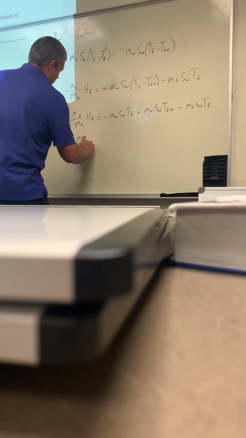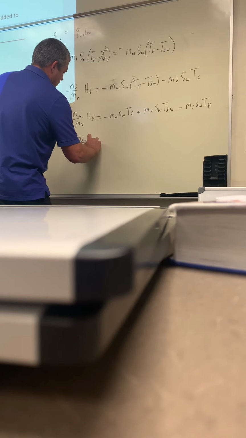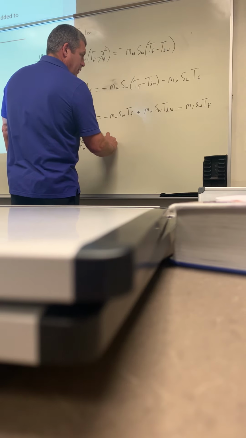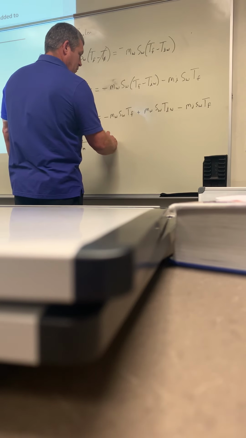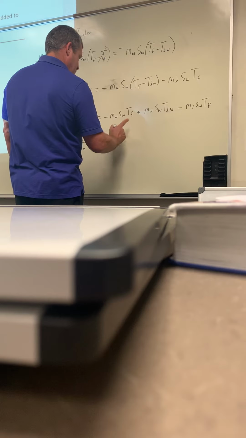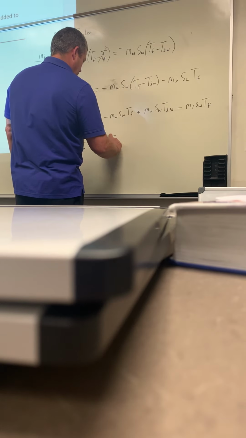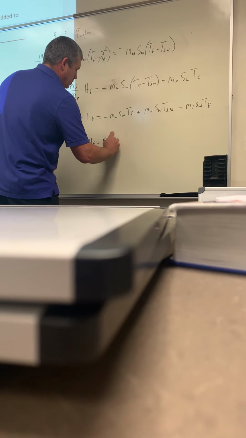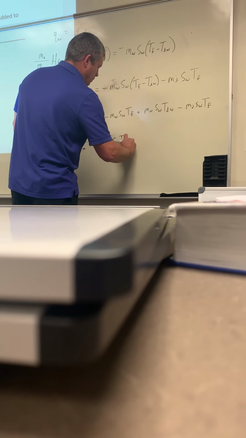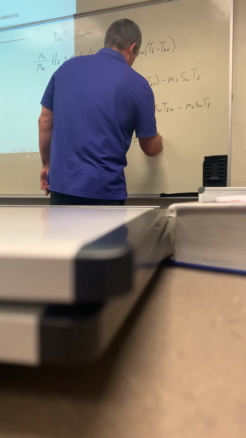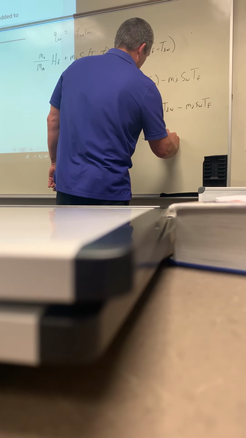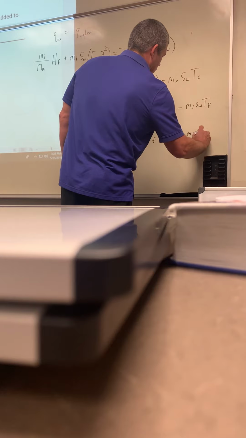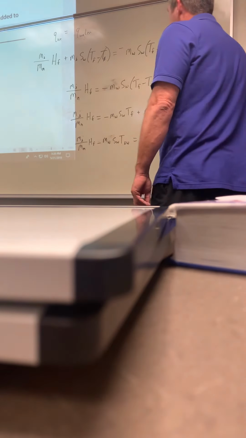Mass of the ice divided by molar mass times heat of fusion, minus mass of the water, specific heat of water, temperature initial of water, equals negative T sub F times mass of the water, specific heat of water, plus mass of the ice, specific heat of water, which means I could have factored that out also.